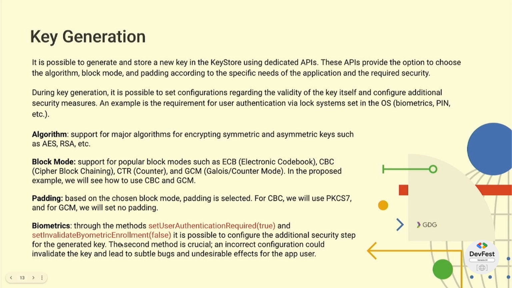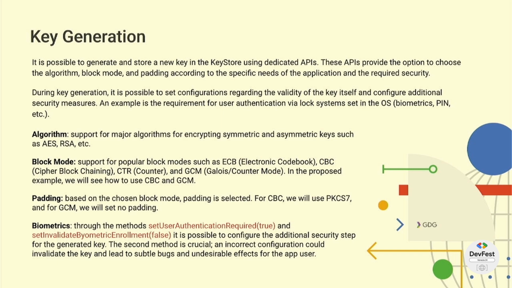And by leaving it to true, or by setting it to true, you are telling the key generator to invalidate the key anytime that the user is changing something on his authentication methods on his device. So if I'm the user and I'm just adding a new fingerprint to my authentication method, the key is invalidated and you will not restore your data anymore.